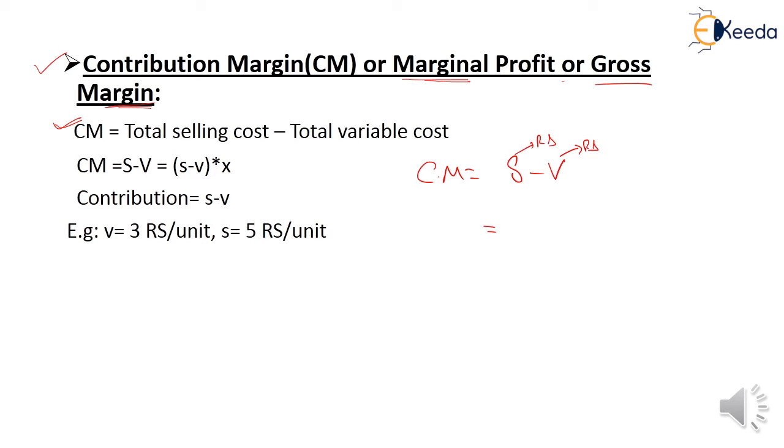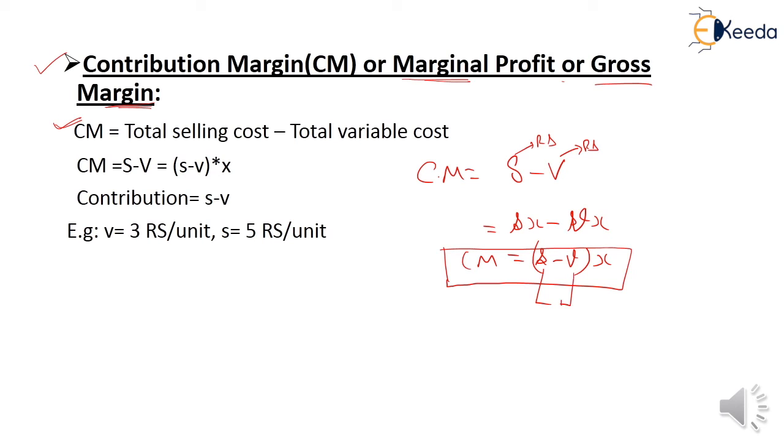If this formula is written in terms of rupees per unit, capital S is small s into x, and capital V is small v into x, so it is (s − v) into x. Here it is the contribution margin in terms of rupees per unit. Both s and v are in rupees per unit and x is in units. Students, so this is the contribution margin.